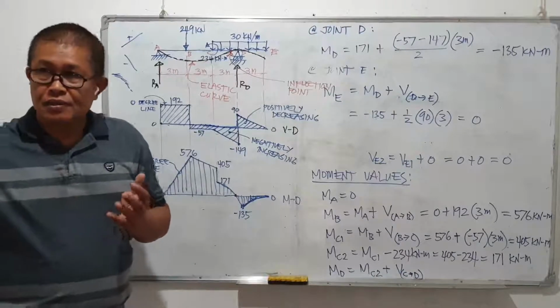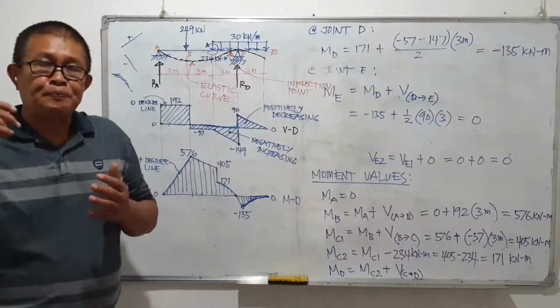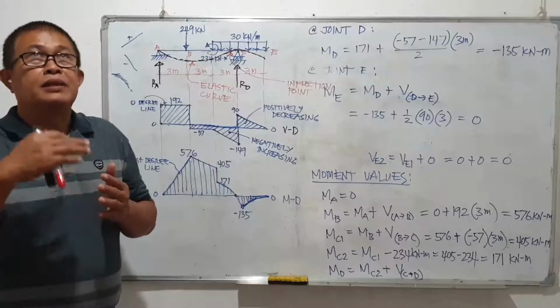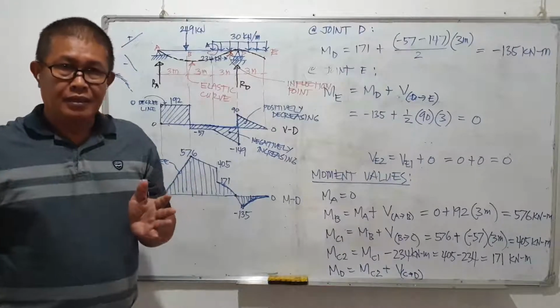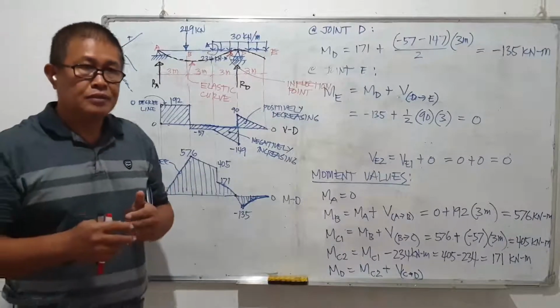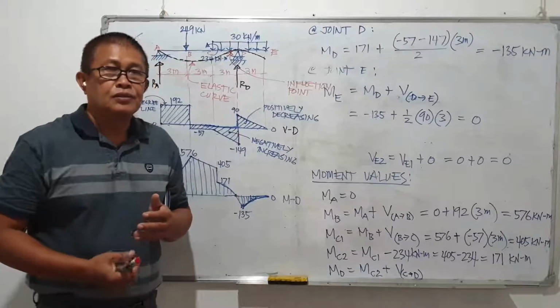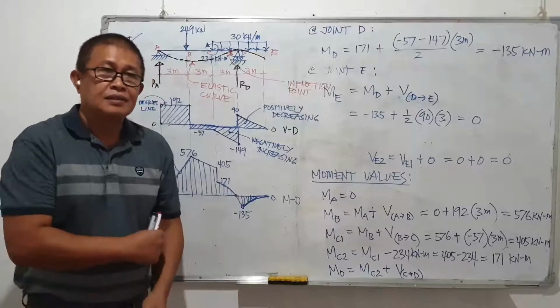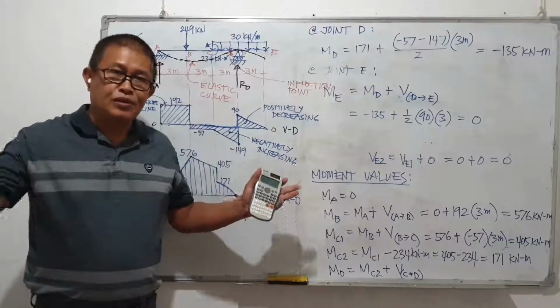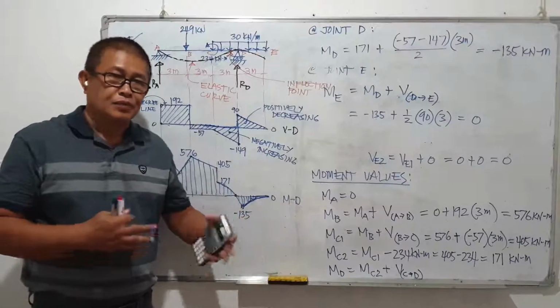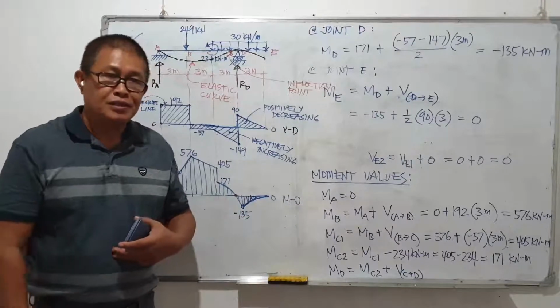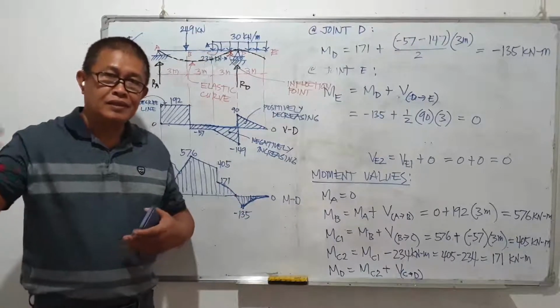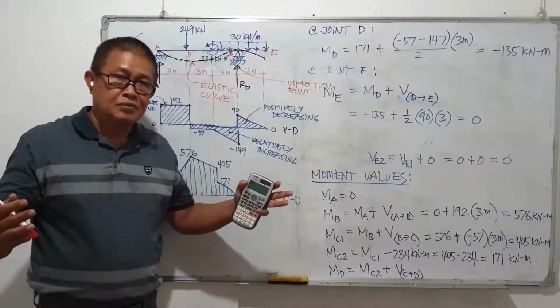Because sometimes the span of the beam may not match the span of the available material like steel reinforcement or steel sections. We have a commercial length of only 6 meters. Although we can order much longer lengths, oftentimes if we purchase our materials from an ordinary hardware, then the commercial length is only 6 meters.